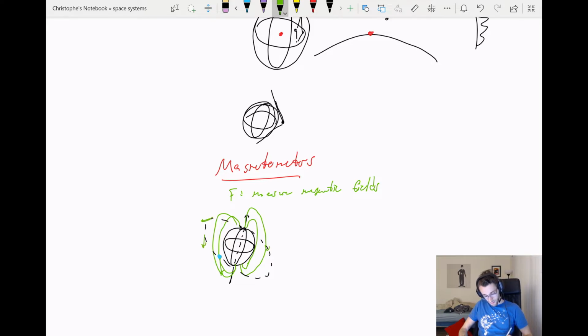If we know roughly where the Earth's magnetic field is pointing at every point in this orbit, we can use the magnetometer data measuring the direction of a magnetic field to determine where we are pointing relative to the Earth's magnetic field. And since we know where the Earth's magnetic field is pointing, we know where our spacecraft is pointing in general coordinate systems. So that's basically how magnetometers work.